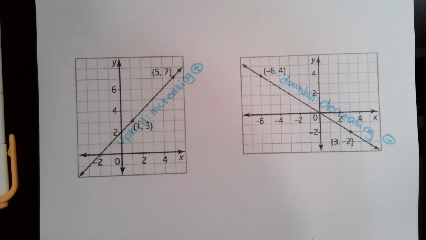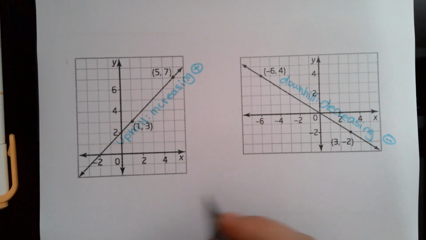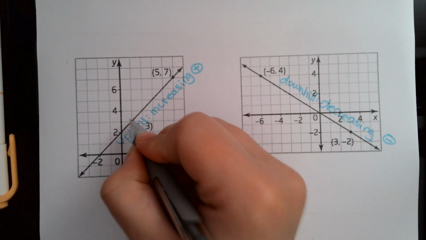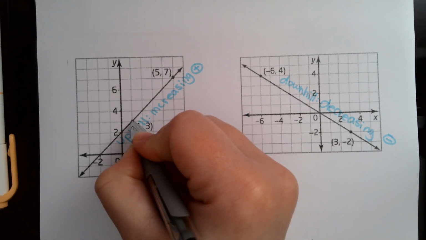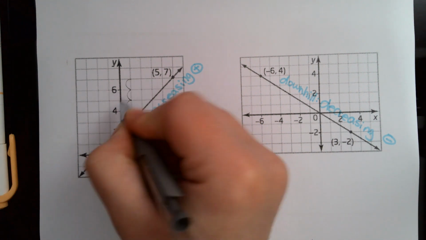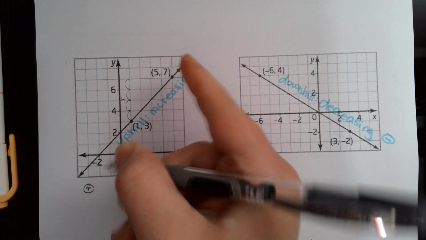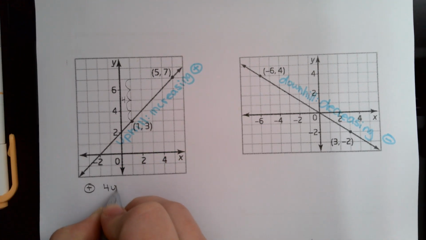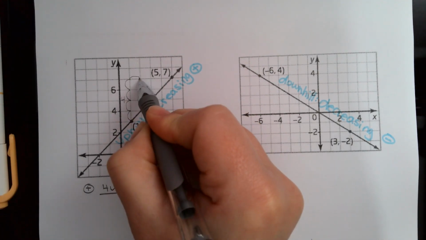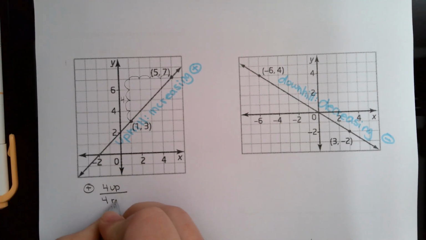To find your slope, here I did give you 2 pretty points, but you can always find another pretty point. So for example, I can go up 1, 2, 3, 4. I'm going to write plus because it is increasing. 1, 2, 3, 4 to the right.